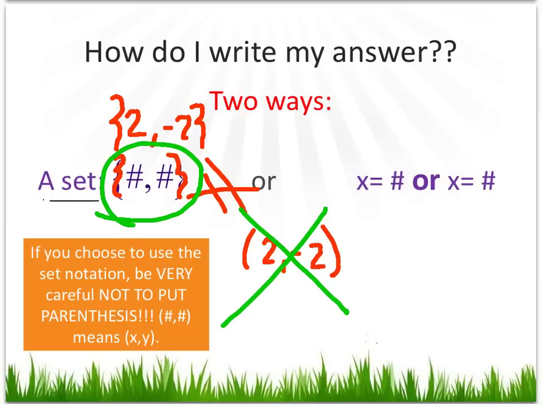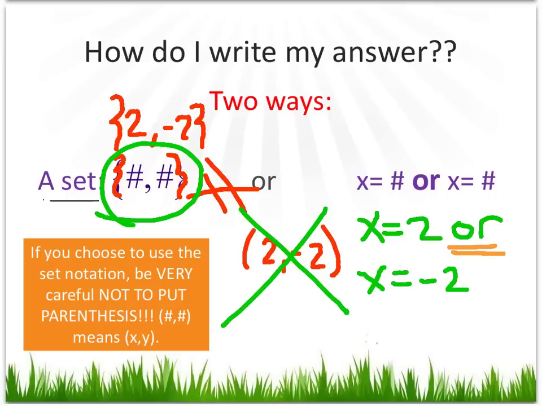Now you can do that, or you can just simply say, well, x equals 2 or x equals -2. Now again, there's still some things you need to be cautious of here because you have to put the or. And you do have to write x equals, okay? So the or needs to be there, and you need to write x equals, I do not want to receive any of this.